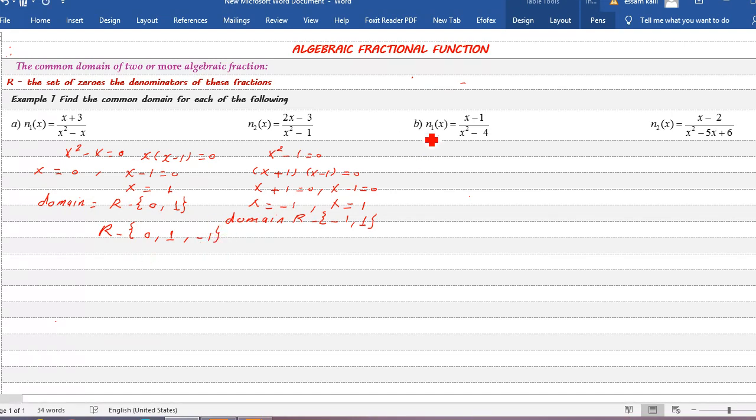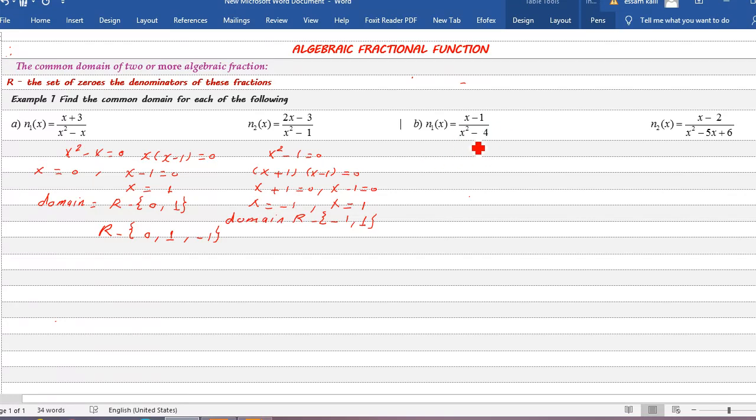Letter B: n1 of x equals (x minus 1) over (x² minus 4). Find the domain of this function. The domain equals R different the set of zeros of the denominator.